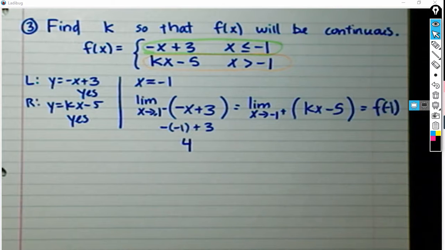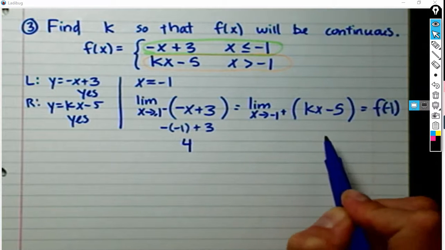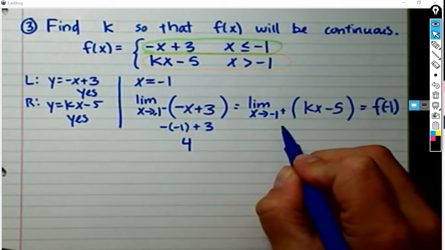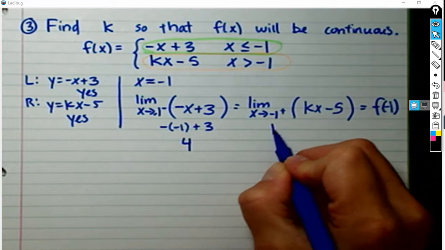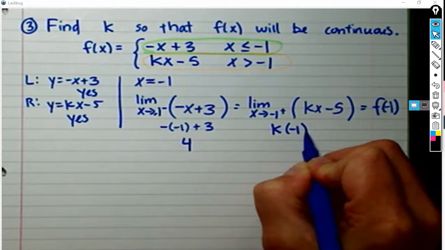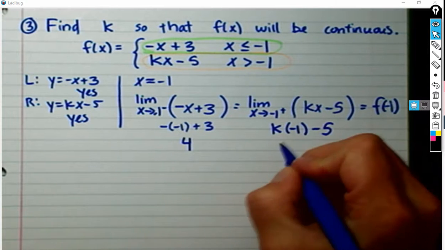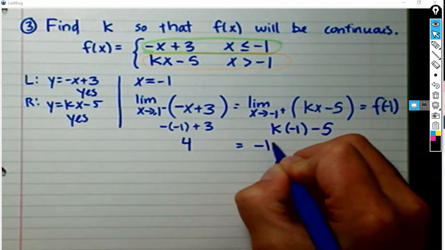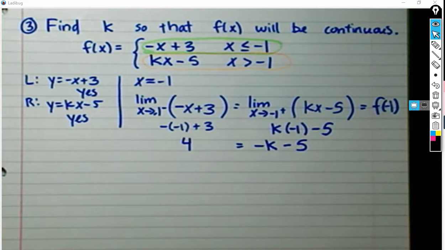Carmela, what happens when you plug in negative 1 and evaluate this middle statement here? Okay. So you plug in for the x coordinate, and we just have a k here, so it's negative k minus 5. That's it.